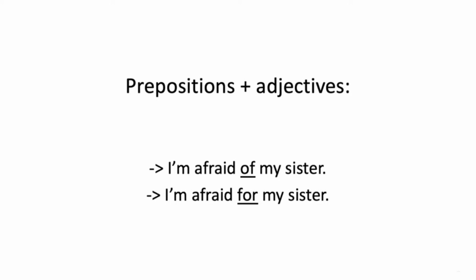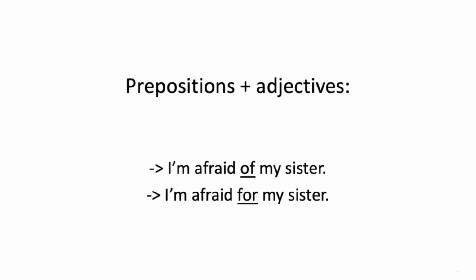Sometimes combining certain prepositions with an adjective can change its meaning. For example, I'm afraid of my sister. I'm afraid for my sister. The first sentence means that my sister scares me.